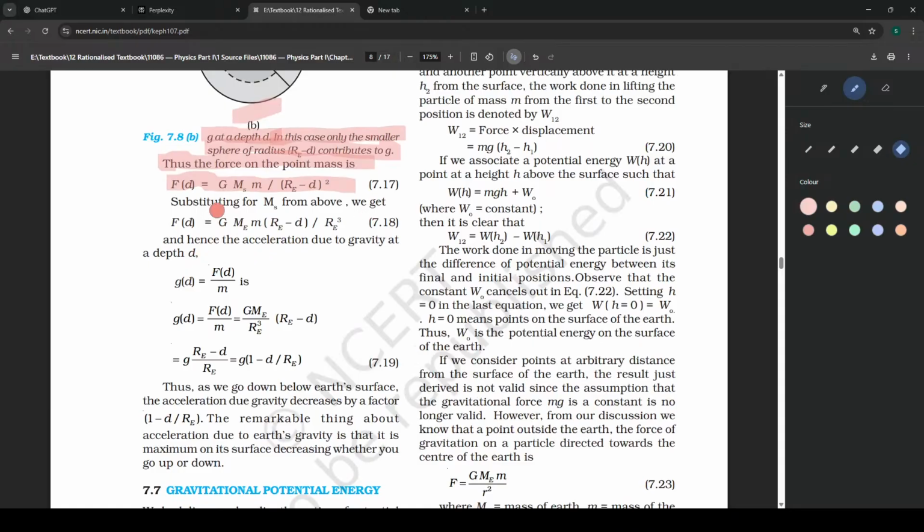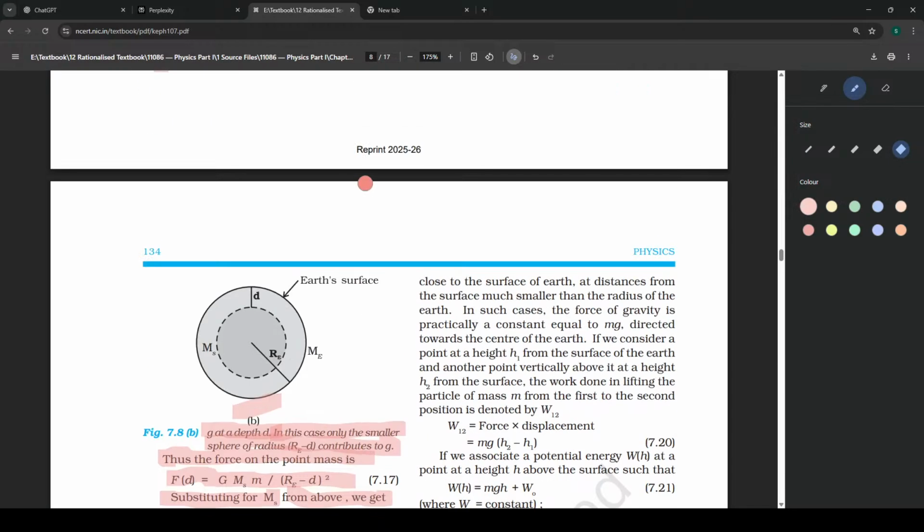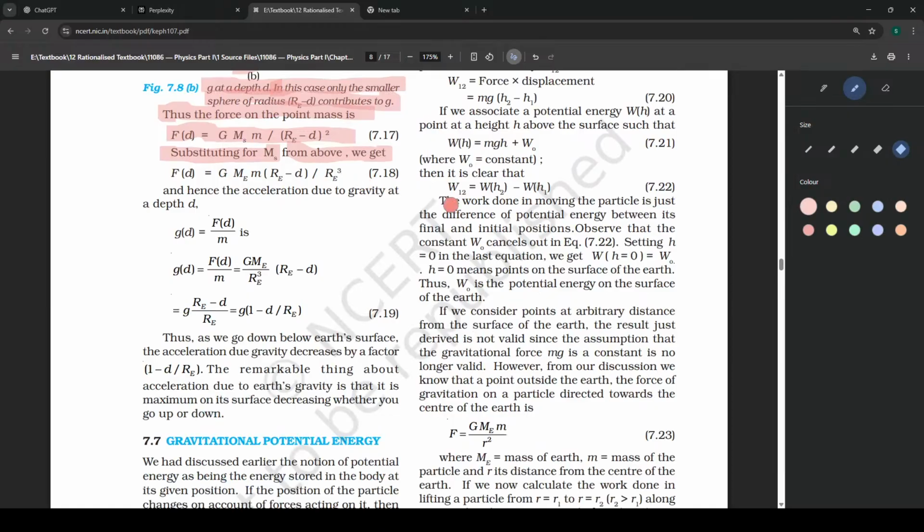Now substituting for ms from the above equation.